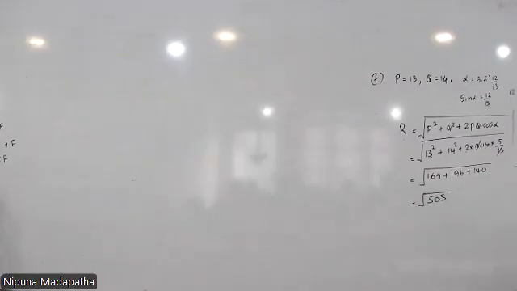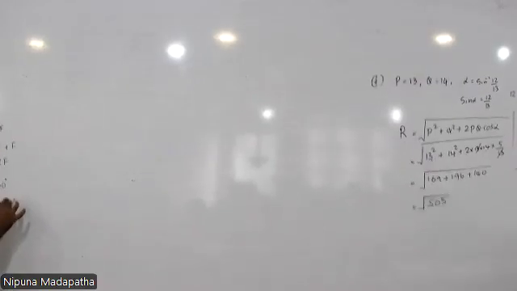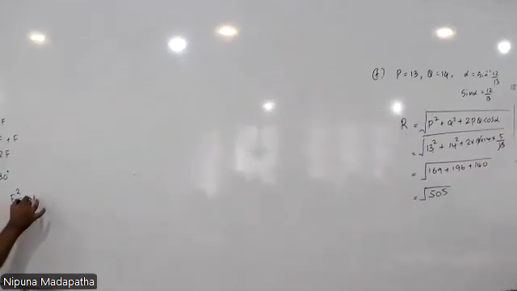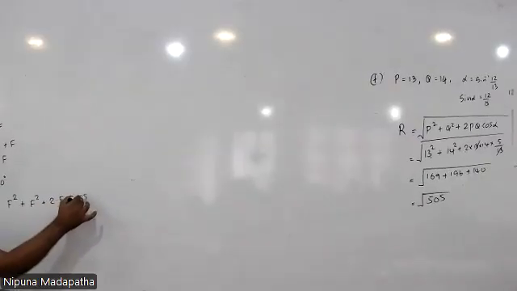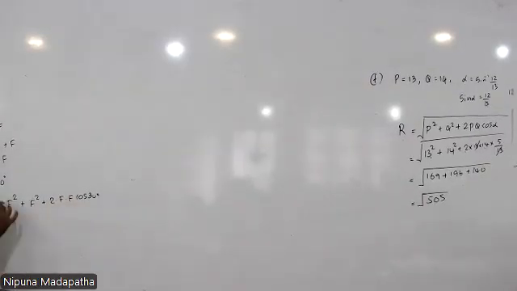When theta equals 30, use this expression. R equals the square root of P squared plus Q squared plus 2PQ cos theta. P and Q are both F, so P squared is F squared and Q squared is F squared, plus 2F squared cos 30.